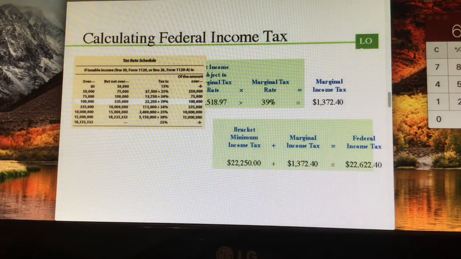And then the next bracket and the next bracket. So the one that it looks like we'll be using the most for this section is going to be the bracket between 100,000 and 335,000. So that 22,250 is already the calculated tax from the 3 previous tax brackets. So the additional amount, that 39%, is what we're going to use to calculate.